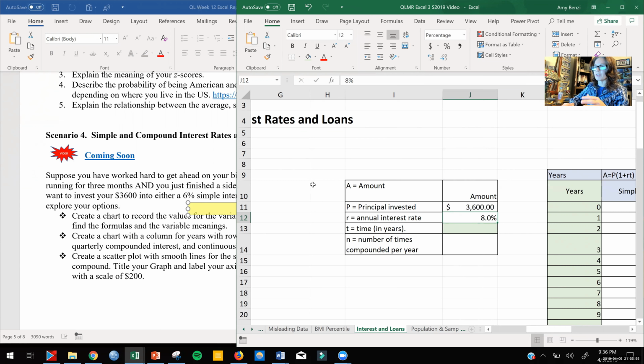Don't forget that if you put the percentage in first, you have to put 0.08, and then you can change that to the regular percent, okay? If you put in 8 and change that to percent, it will give you 800. So remember little things like that in math.